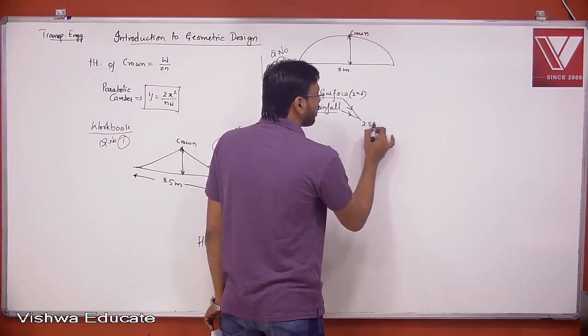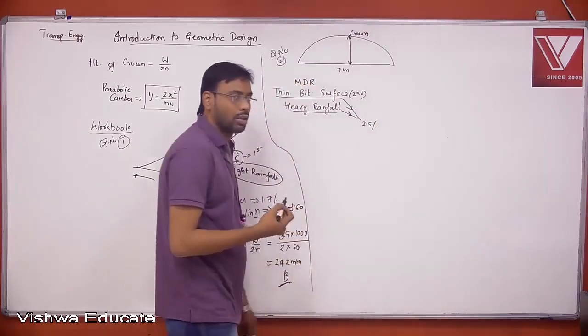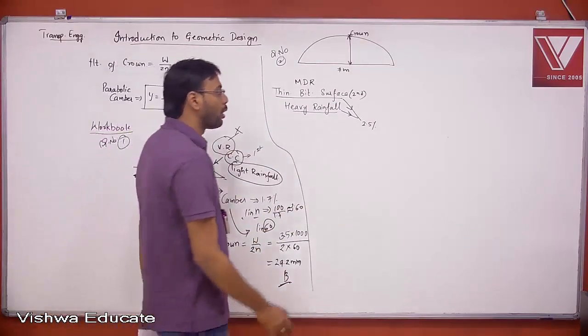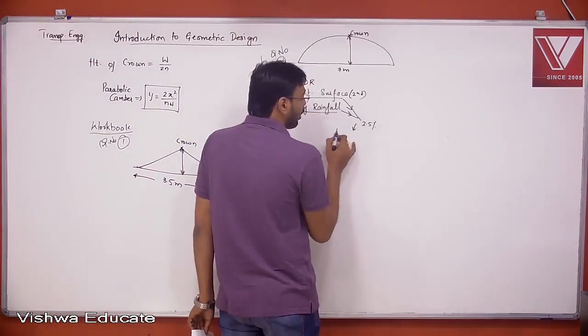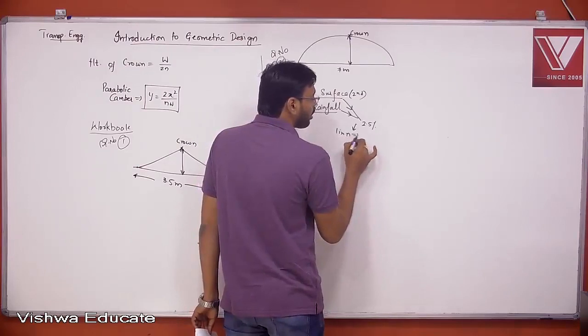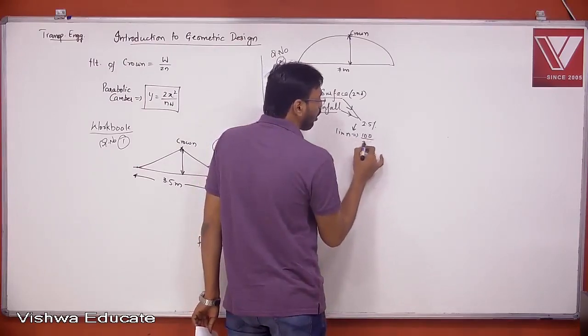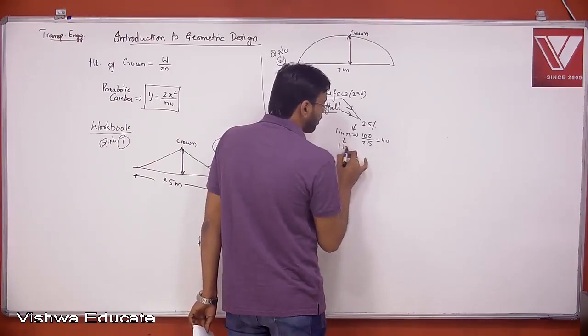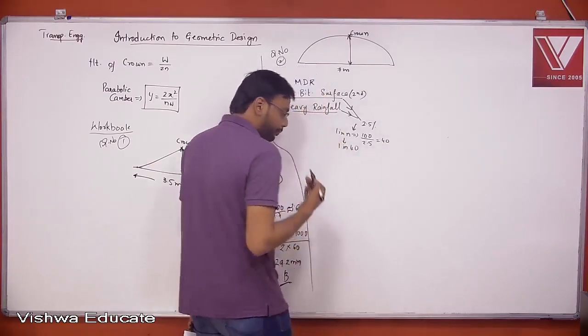So the camber here is 2.5%, right? From the table you can get it. If you convert 2.5% into 1 in n format, it is 100 by 2.5, which is 40. So 1 in n is 1 in 40.